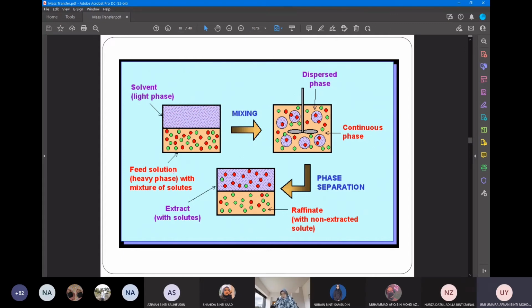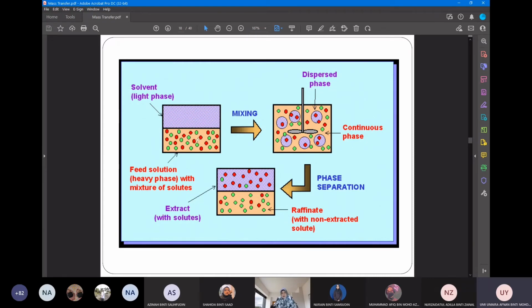So your intention is to make sure that you can separate your solute from the feed solution. How are you going to do that? One method to separate your solute from your feed solution is by using a solvent. When you use a solvent, you have to select your solvent properly. Not every solvent that exists in this world can be used to extract vitamin C. There are many conditions.